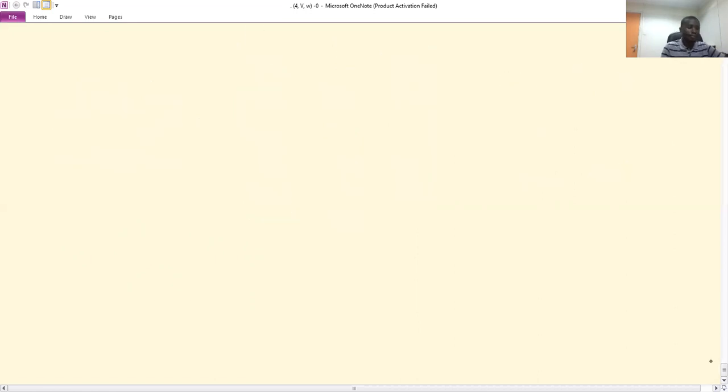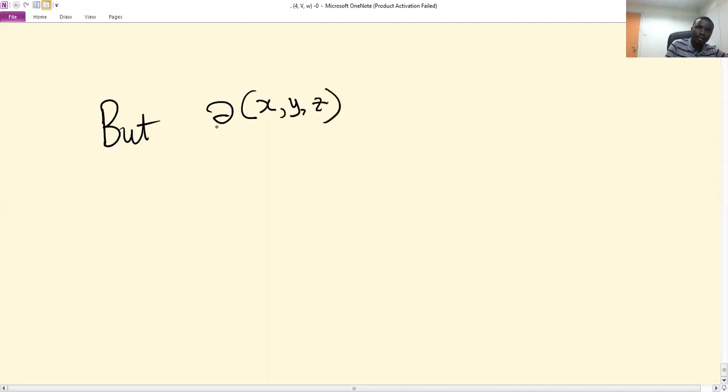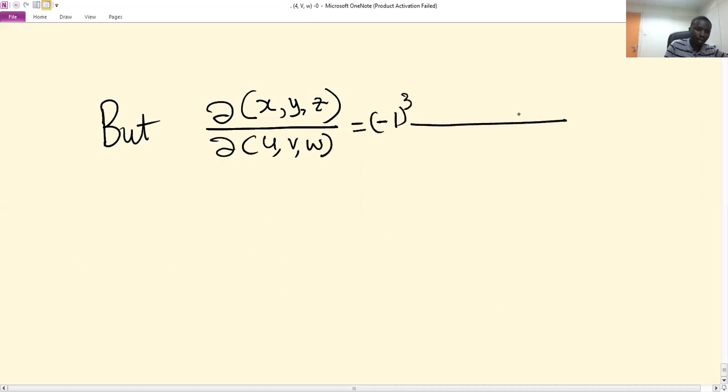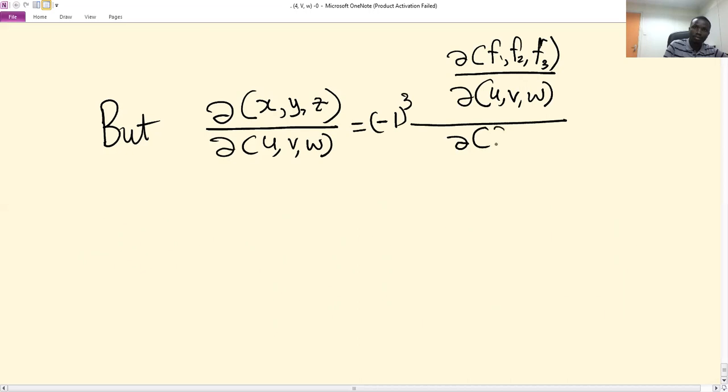And then by definition, the Jacobian of x, y, z with respect to u, v, w will be (-1) to the power 3, times the Jacobian of f1, f2, f3 with respect to u, v, w over the Jacobian of f1, f2, f3 with respect to x, y, z.